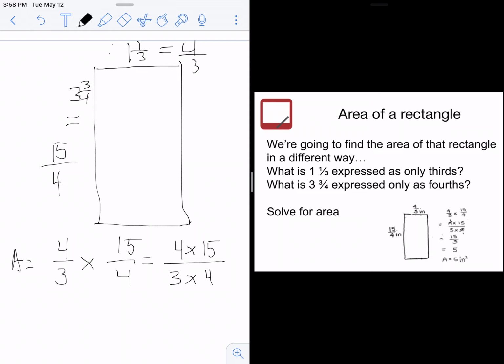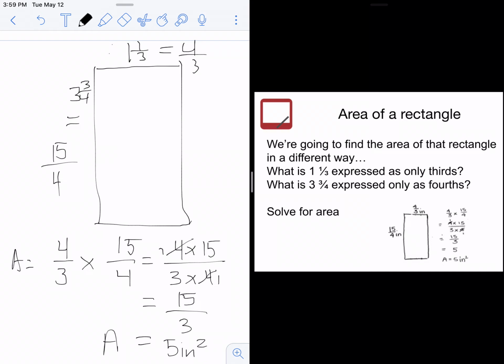Okay, we have 4 goes into 4 one time. So now we have 1 times 15, which equals 15, over 3 times 1, which is 3, 15 thirds. 3 goes into 15, 5 times, so our area is 5 inches squared.